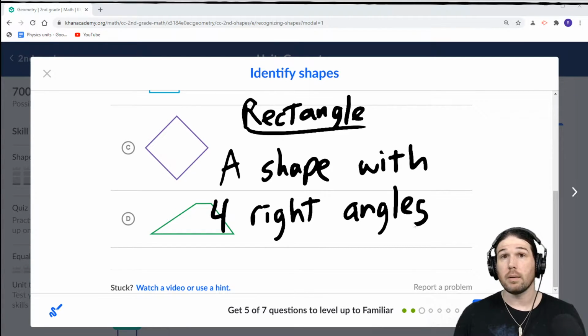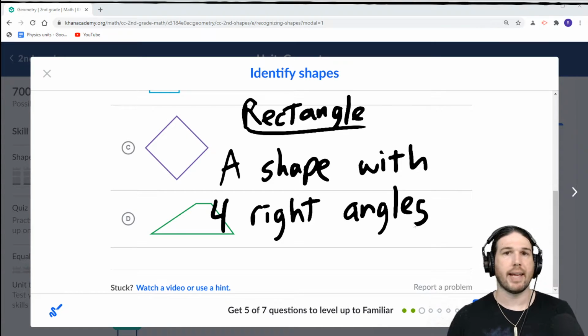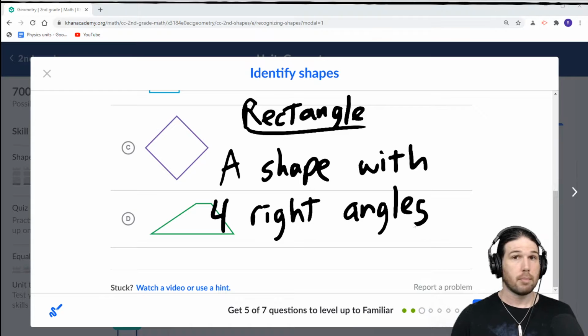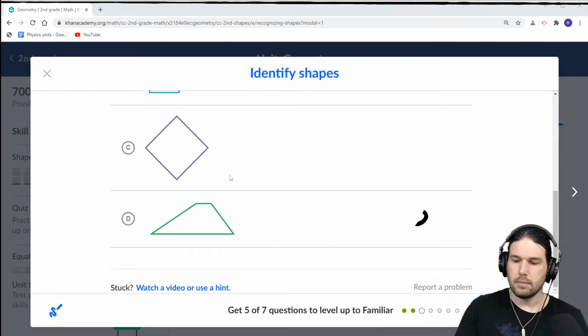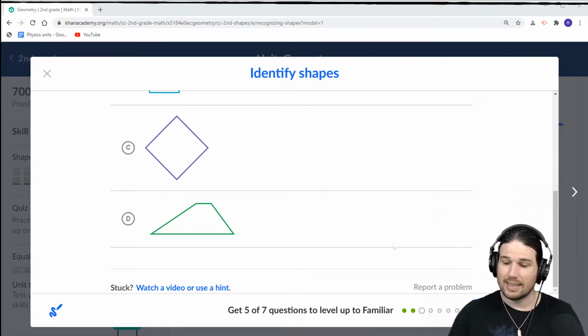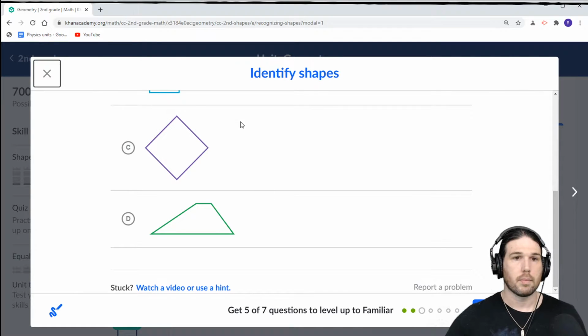So a square, yes, is a type of rectangle. In fact, all squares are rectangles, but not all rectangles are squares. Just like all blue jays are birds, but not all birds are blue jays. There are lots of other kinds of birds out there. So yes, in this case, C is also considered a rectangle.